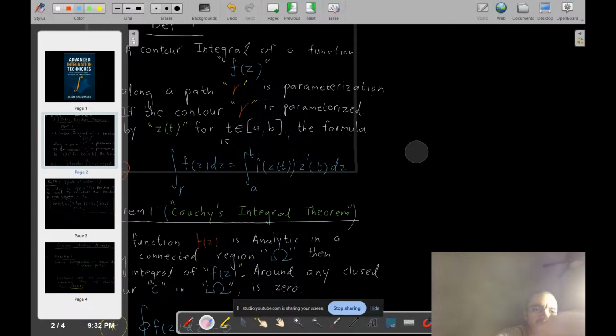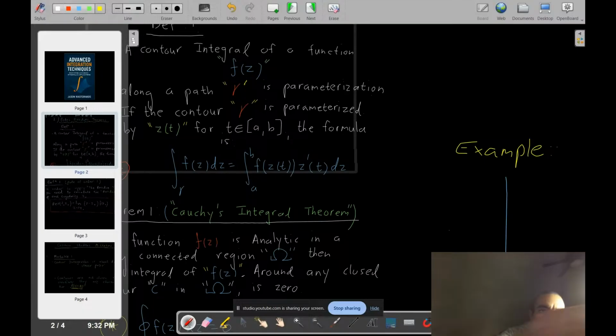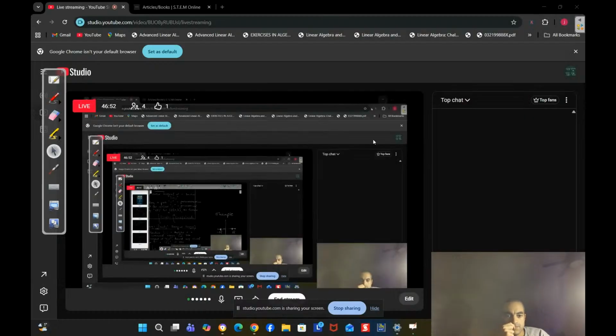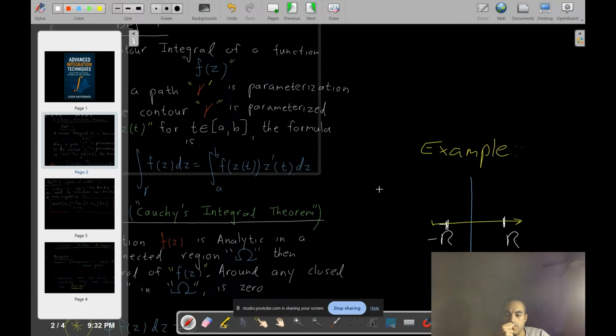Example of contours. Let's say I have on the real and imaginary axes an upper semicircle that I chose. Since it's a semicircle, we have radius minus r and r here, so we have minus r to r.